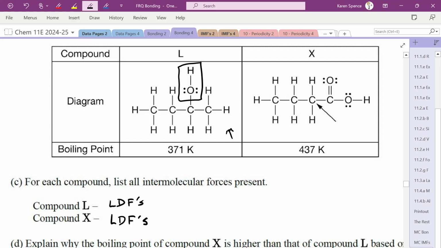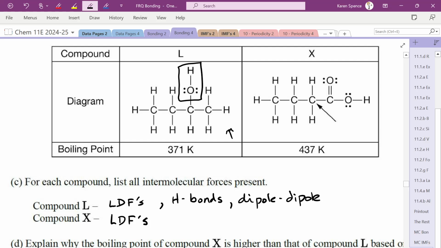We have an O bonded to an H, so we can get H bonds. And anytime you have H bonds, you also have dipole-dipole. Anytime you have H bonds, you have dipole-dipole.